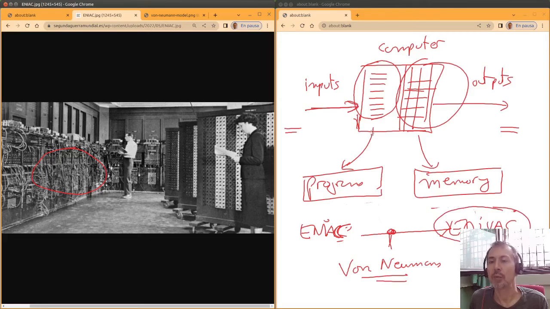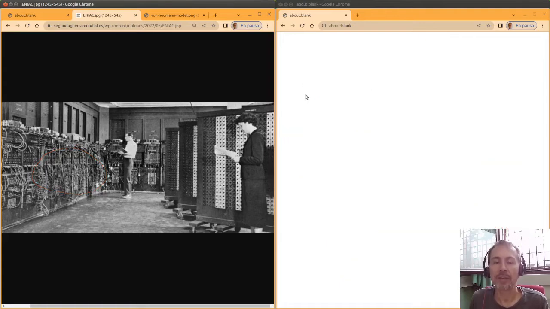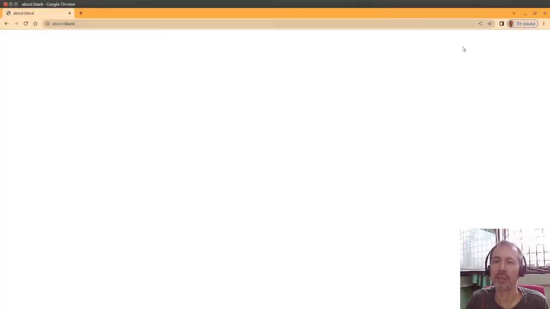This, the ENIAC, is what is called a program-controlled computer because it's controlled by a program. But what von Neumann proposed was something completely different. This is what we call the von Neumann's architecture.